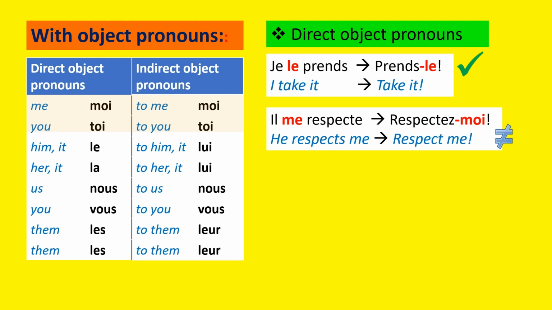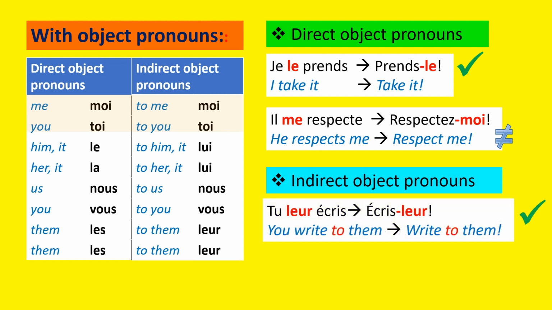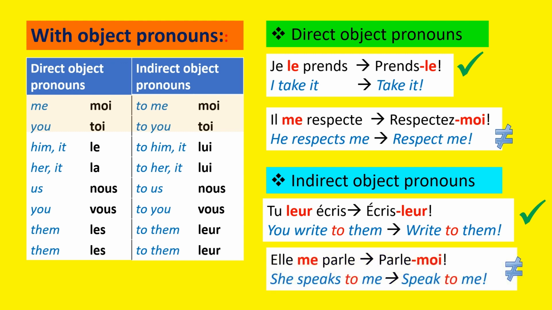So it is different from the normal pronoun. For indirect object pronouns, tu leur écris, you write to them, écris-leur, the pronoun stays the same in the imperative. But if I say elle me parle, she speaks to me, in the imperative, the me will become moi. So we end up with parle-moi.